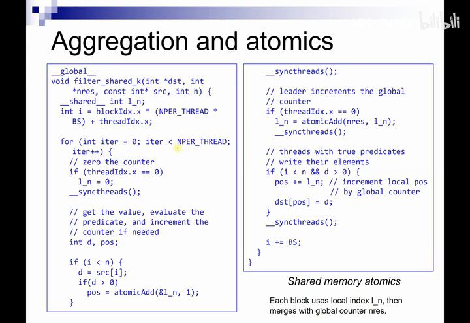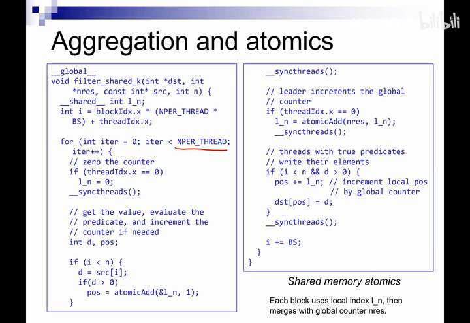It's going to process this number of elements, m per thread. Each thread is going to iterate in this for loop over here. And ln is being shared between all the threads in the thread block.